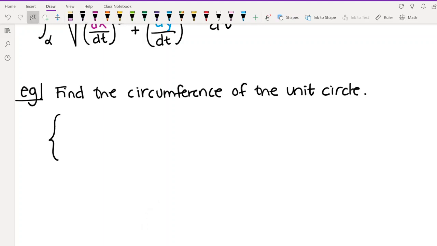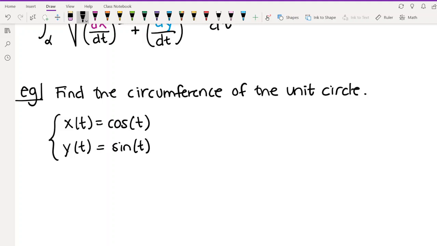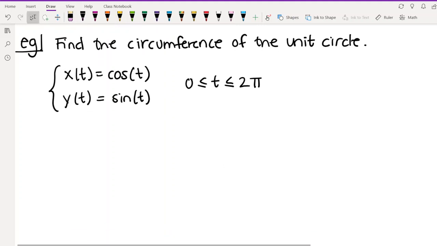And so we've seen that we can write the unit circle as x of t is equal to cosine of t, and y of t is equal to sine of t for t being between 0 and 2 pi. So let's see how that looks if we put that into the formula. So our bounds are going to be 0 and 2 pi.